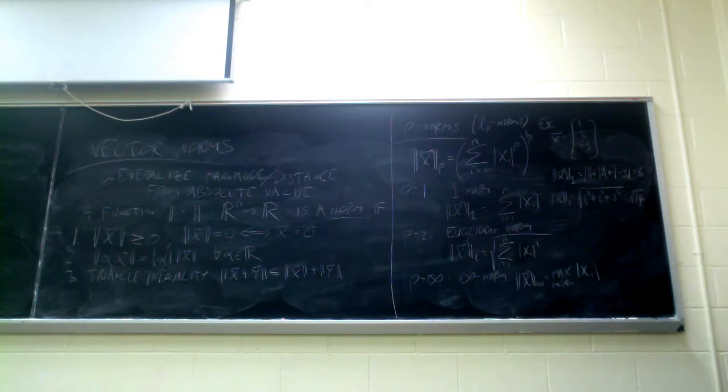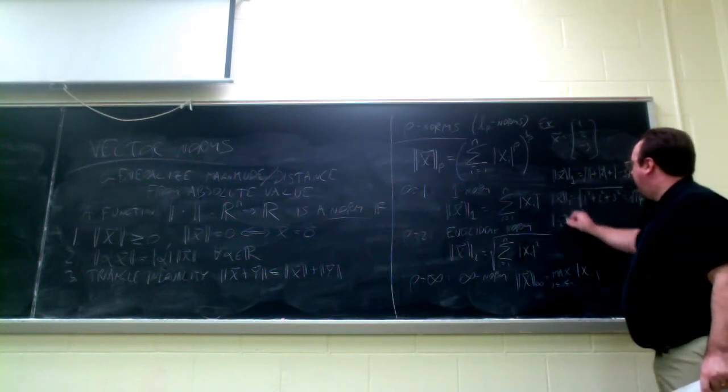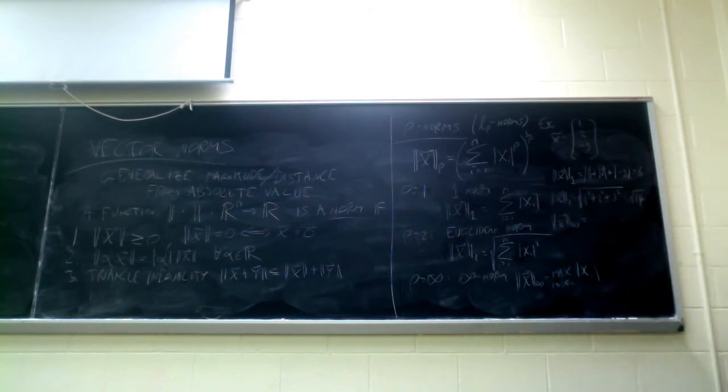So it's going to be certainly smaller, since the square root of 14 is going to be like 3 point something. And then finally, the infinity norm of this vector is going to be what? 3. Yeah. So it's just the absolute value of the largest component in magnitude, 3.